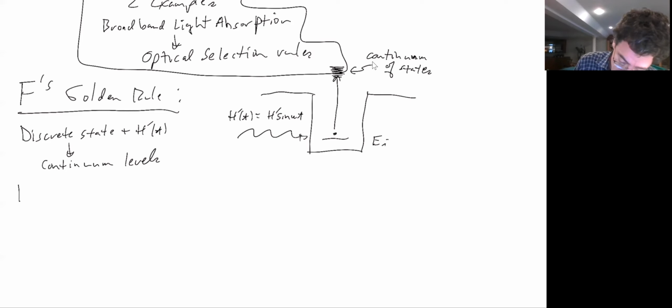And so the probability of transition to some final energy, it turns out, at some time t is equal to some rate times t.